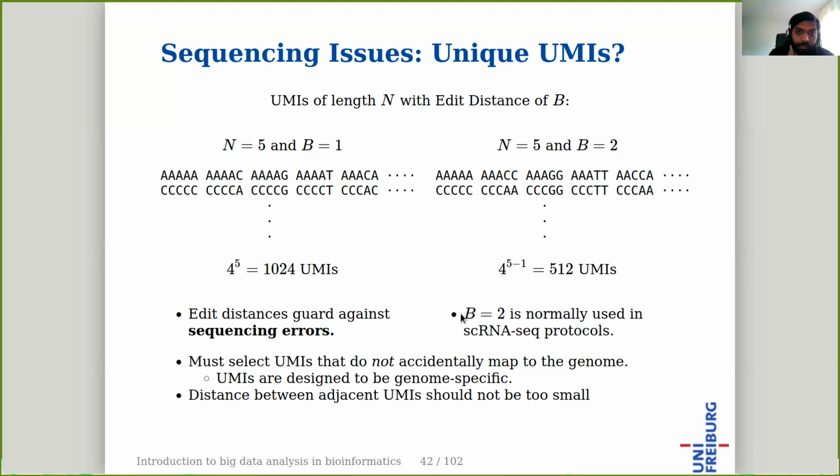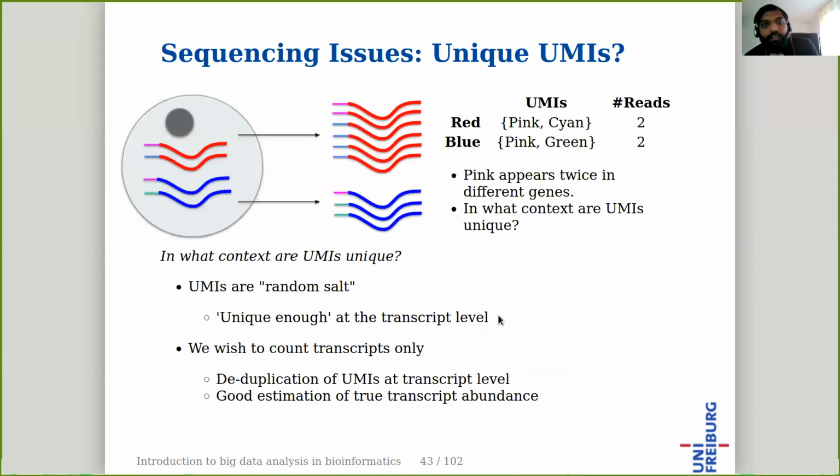And the edit distance also must not be too small. So 1 is never a case, because then you don't guard for the sequencing errors. You can imagine these UMIs as a random salt that is just thrown, as we also have seen, to this plate of wells.